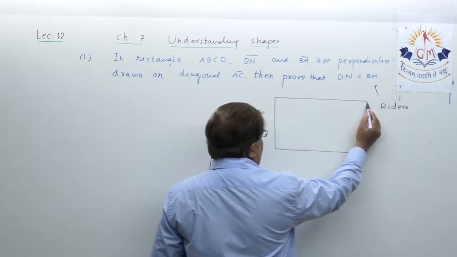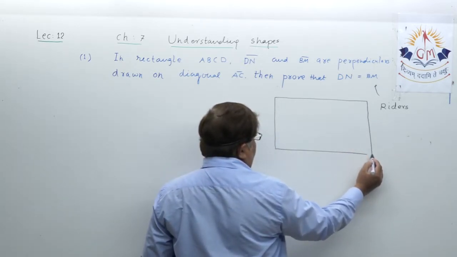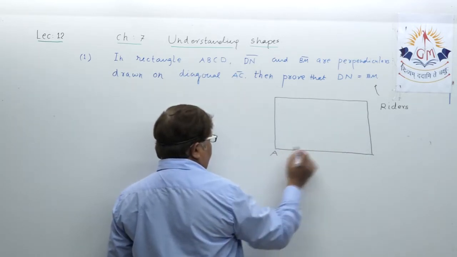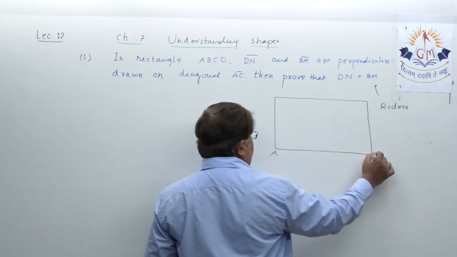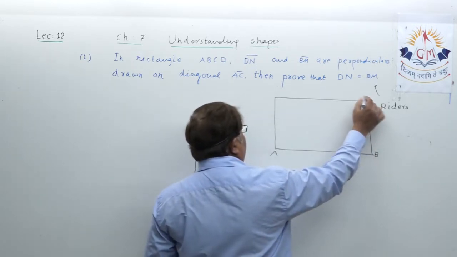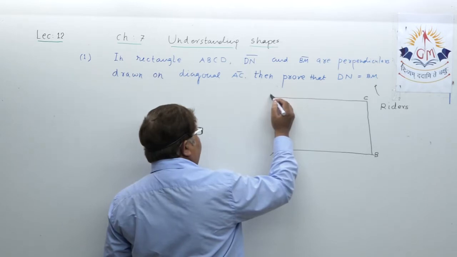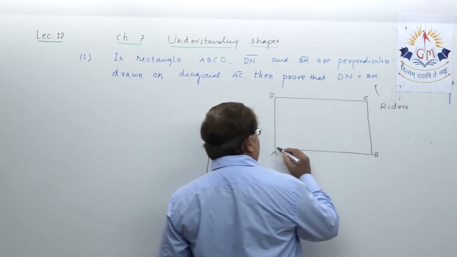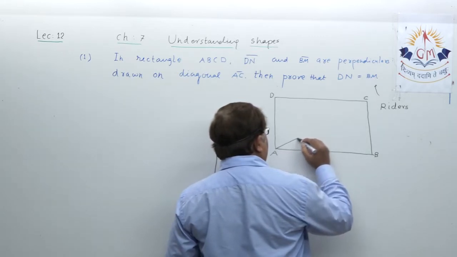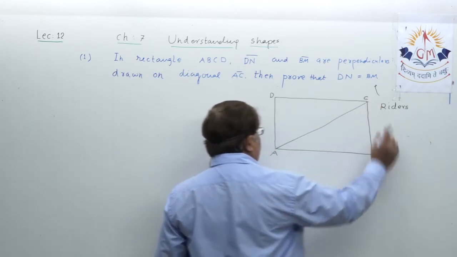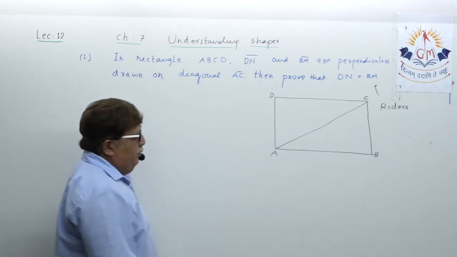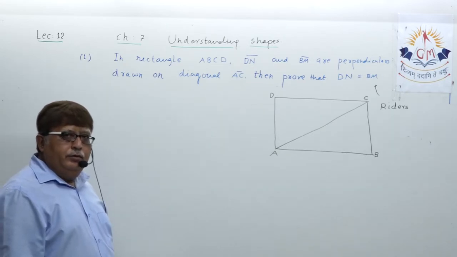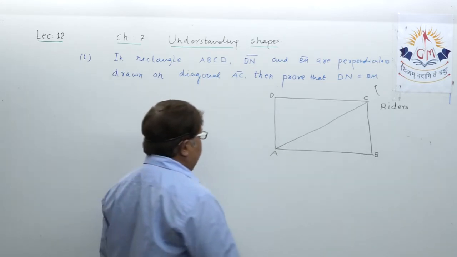This is a rectangle ABCD. Now, dear student, after we draw rectangle ABCD, let us draw one diagonal. Okay, diagonal AC is required. That's why we have drawn diagonal AC.